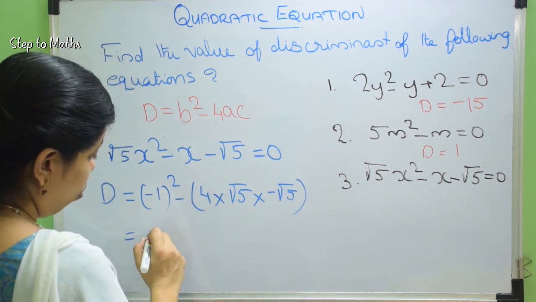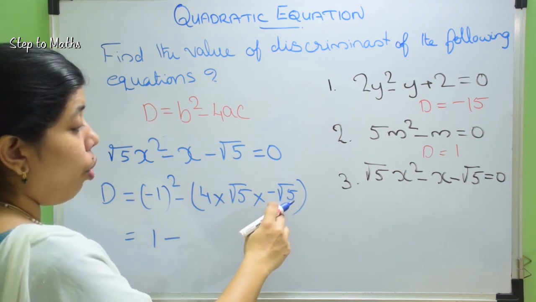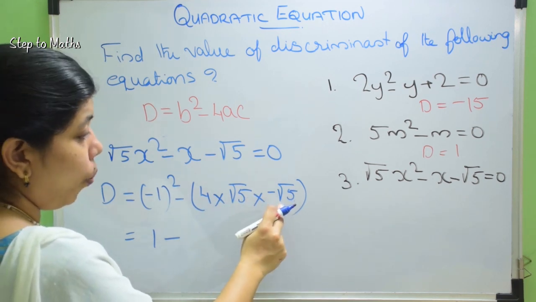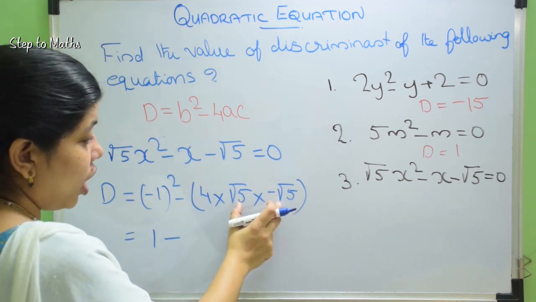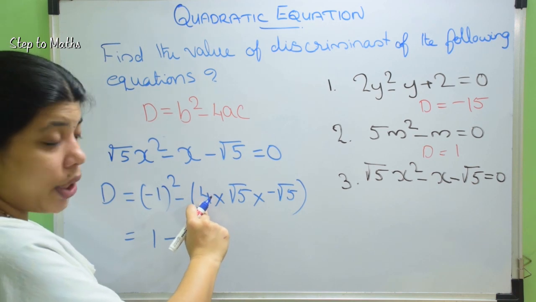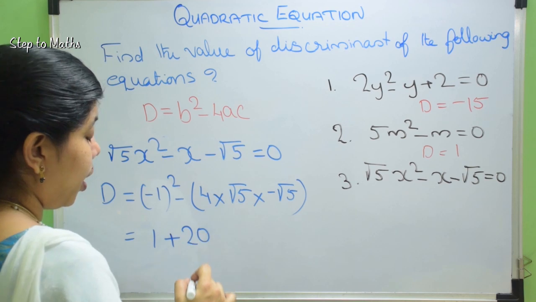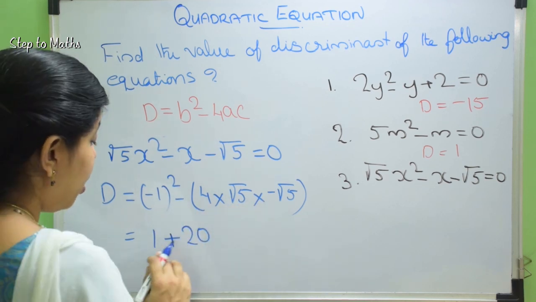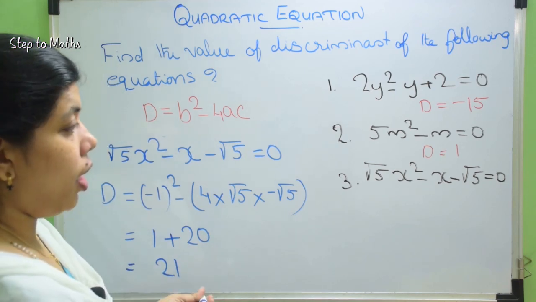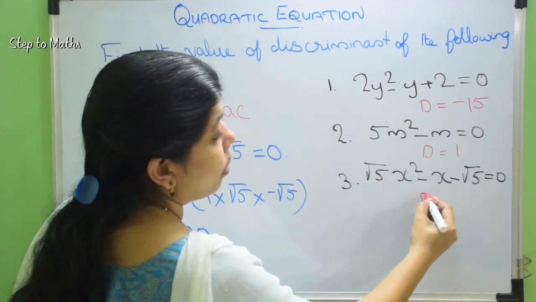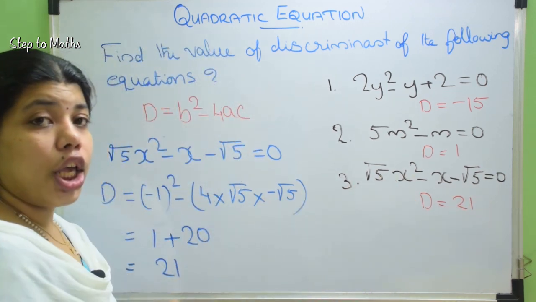Minus 1 square is 1 minus 4 into root 5 into minus root 5. Root 5 into root 5 is 5, 5 into 4 is minus 20. Minus of minus 20 is plus 20. Then 1 plus 20 is 21. The value of discriminant D equal to 21 for this equation.